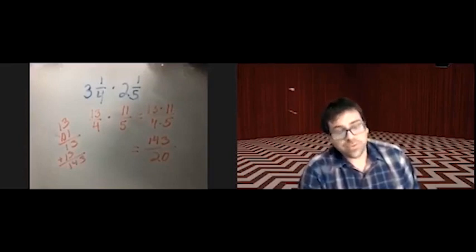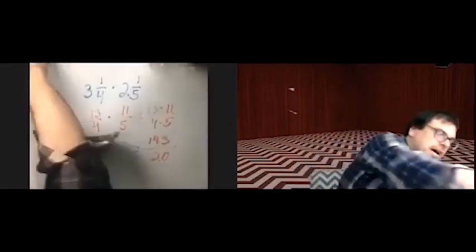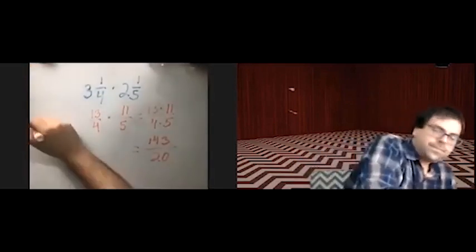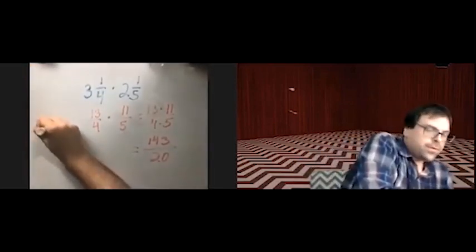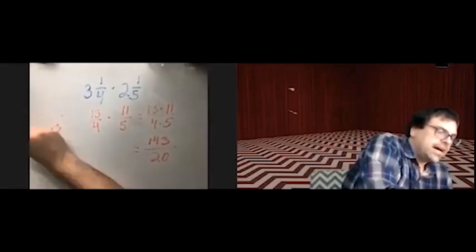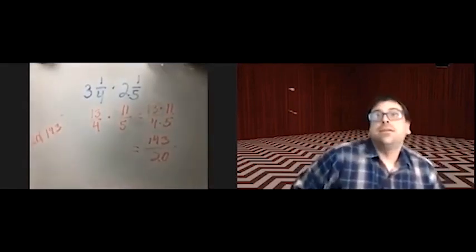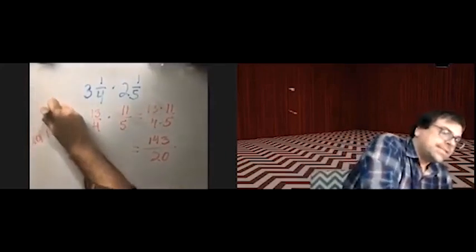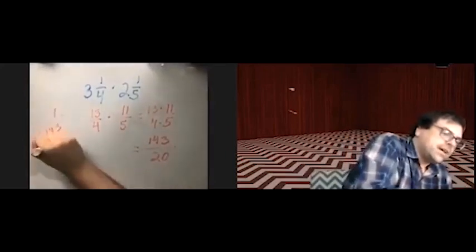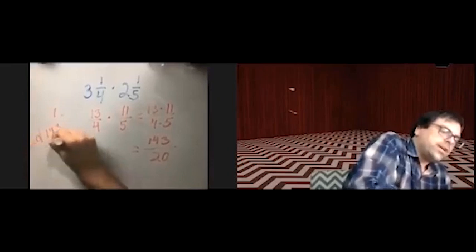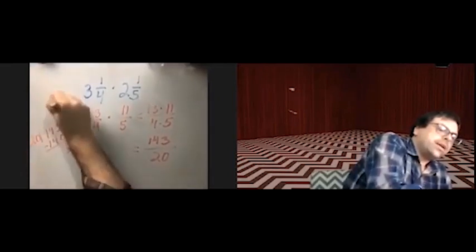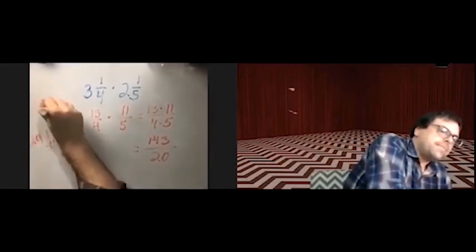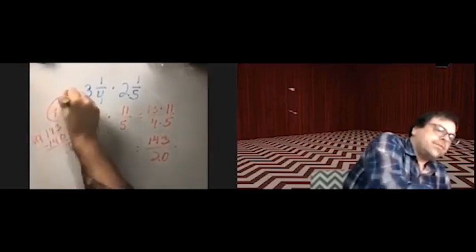It doesn't reduce, but it's improper. We're doing a mixed number problem, so we have to get the mixed number. We have to divide. 143 divided by 20. 20 goes into 143 7 times. 7 times 20 is 140. We get a remainder of 3. That goes over 20. 7 3/20.